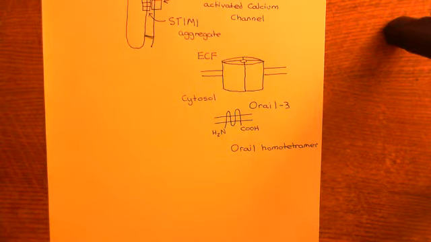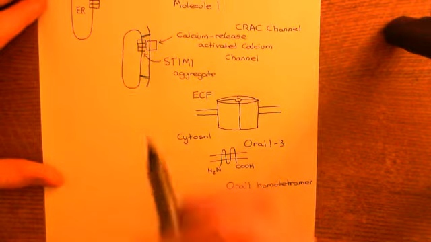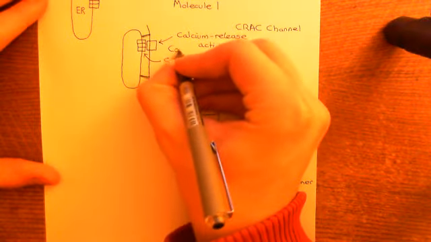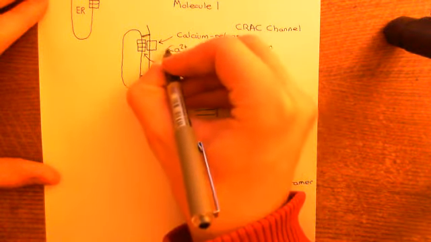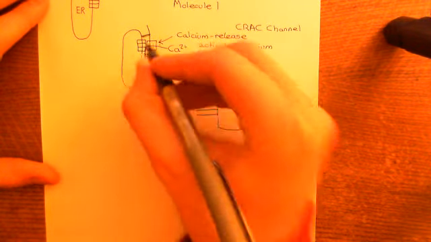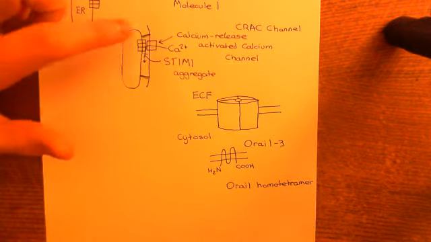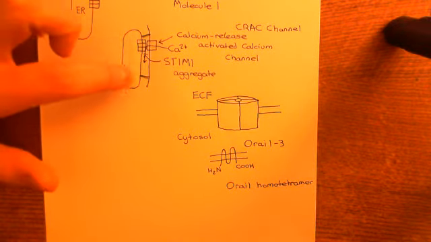Now, these Orai1 homotetramer calcium release activated calcium channels can then be activated by STIM1 aggregates, and what they will then allow is calcium to move from the extracellular fluid through their pore, which has just opened because of this interaction with the STIM1 aggregate, and the calcium will move into the cytoplasm.